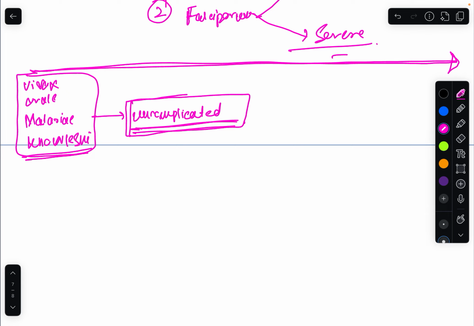And how will we manage uncomplicated malaria? Depending on whether there is chloroquine sensitivity or chloroquine resistance.